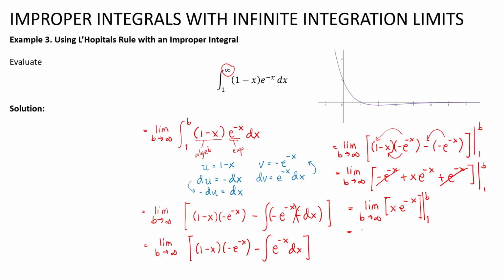So applying now the limits, this will be the limit as b approaches infinity. So plug in b, and then b e raised to negative b, and then minus, that will be e raised to negative 1.